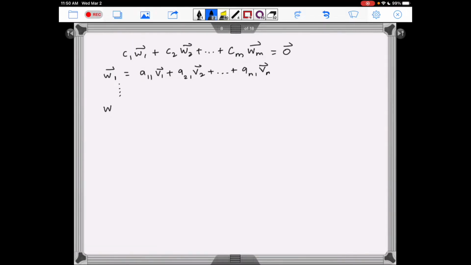The last one is going to be WM, right? Because remember, there were M of them. And this is going to equal A1M V1 plus A2M V2 all the way to ANM VN. Okay?